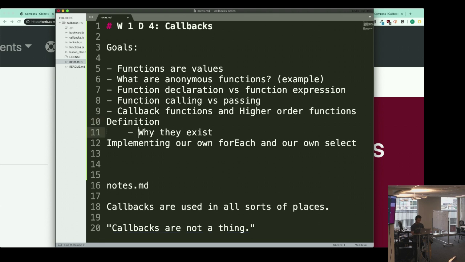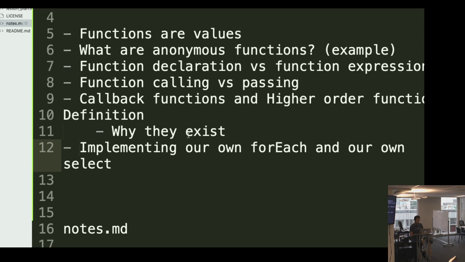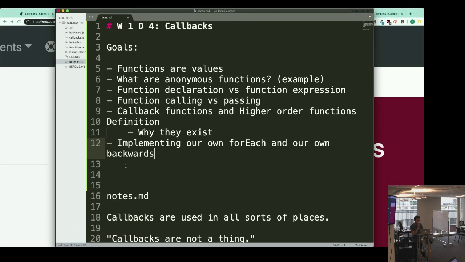Why do they exist? As part of this, we'll be making our own versions of some functions that already exist. One of them is going to be forEach. I think we're going to do our backwards function. That's going to loop backwards through an array or something like that.